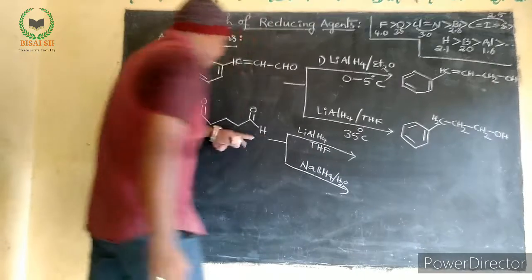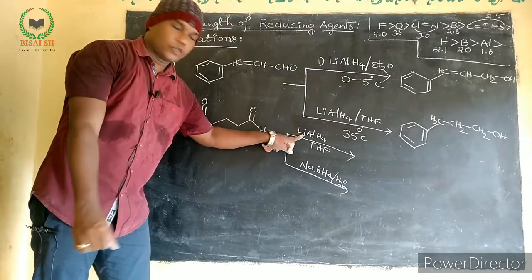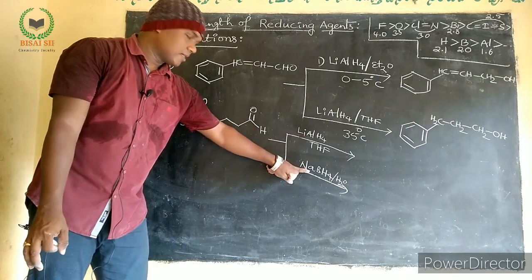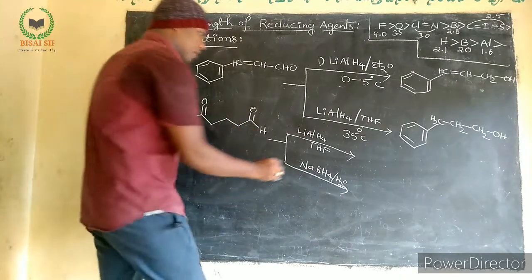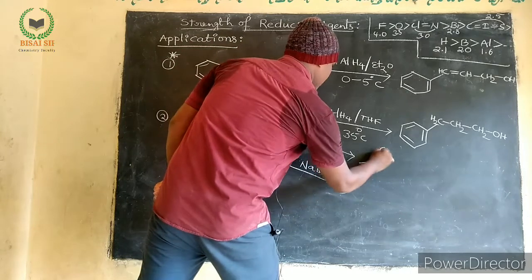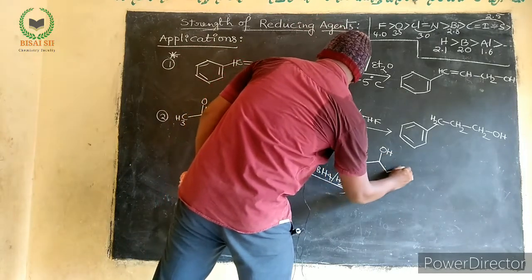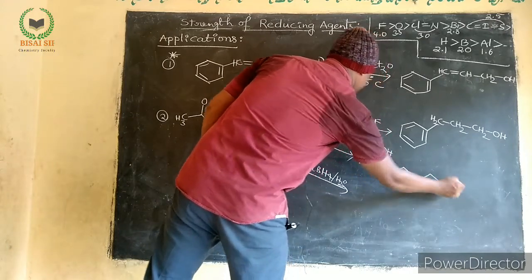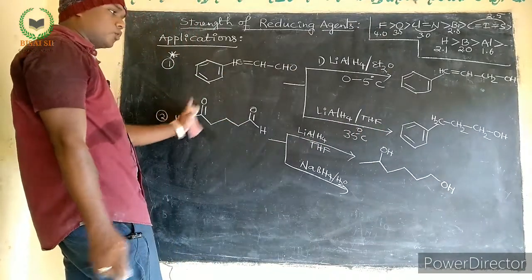LiAlH4 is a versatile reducing agent, meaning a non-selective reducing agent, but NaBH4 is a selective reducing agent. So see, OH, both functional groups, aldehyde and keto, will be reduced.